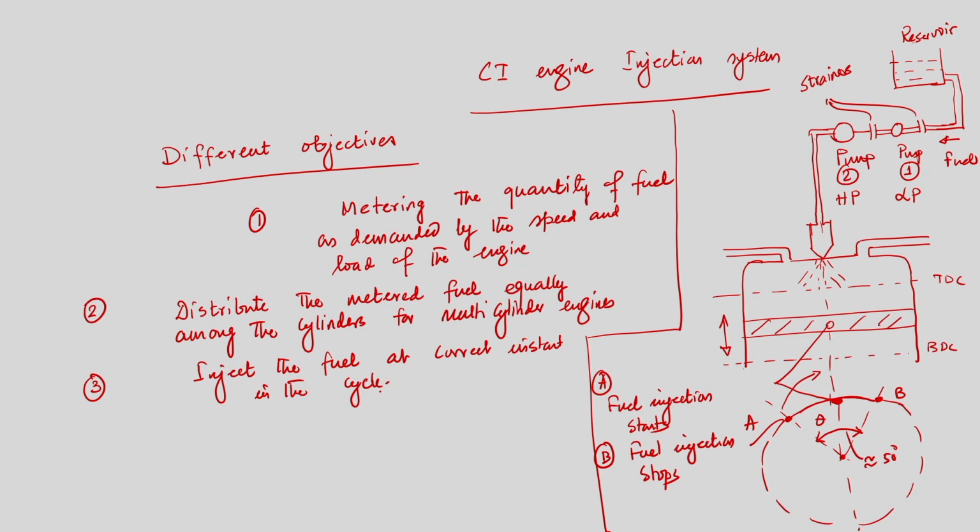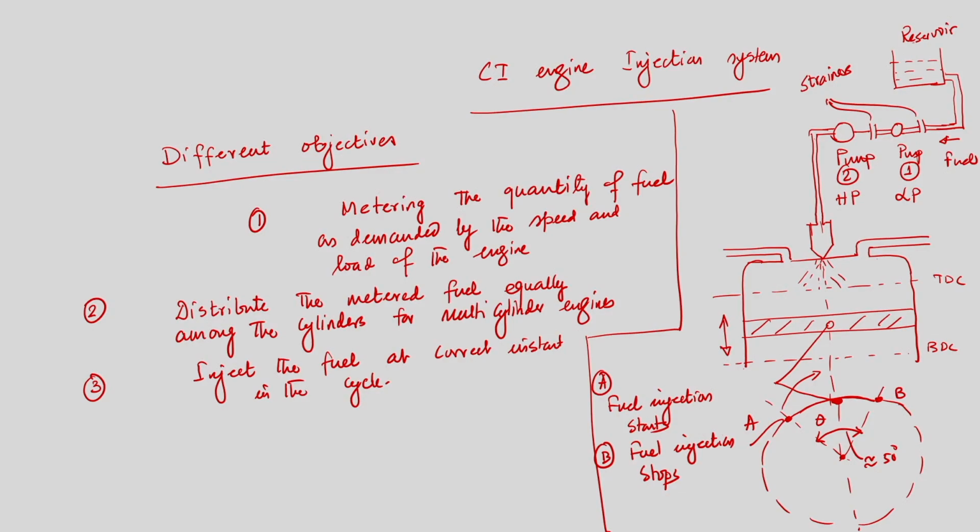So, maybe we can distribute the metered fuel among the cylinders, but now the fuel that is metered and distributed will be injected into the cylinder. So, that would be another objective. Not only that, inject the fuel at correct instant in the cycle. So, that is the injection timing we have.